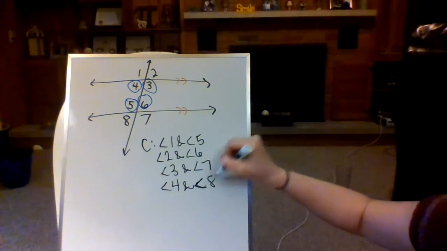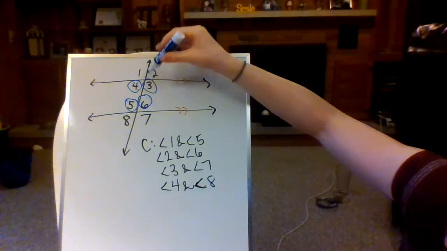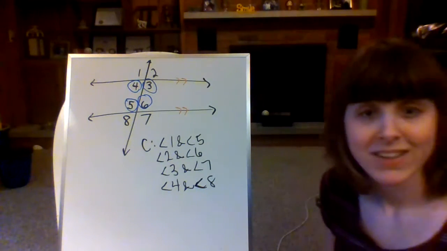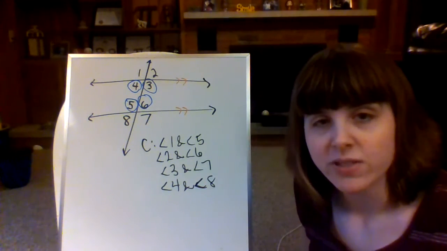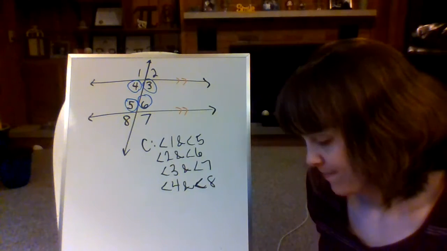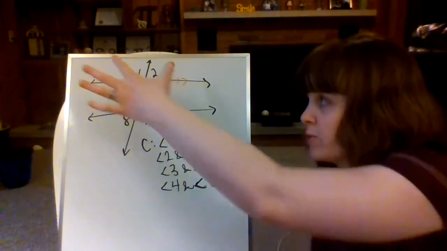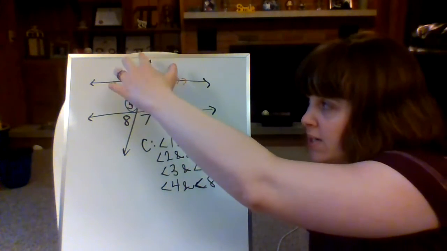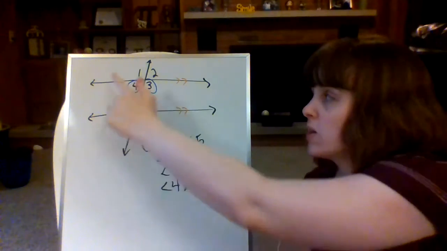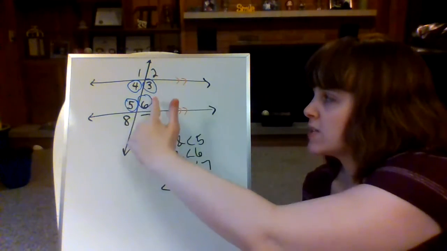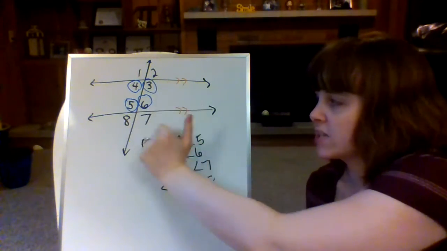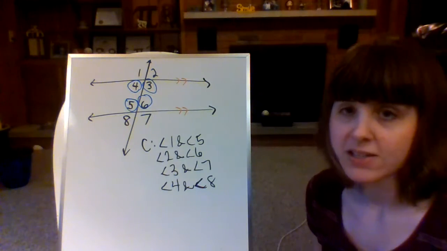So those are the corresponding angles. Like I said, if you were to cut out these top 4 and paste them on top of the bottom 4, 1 and 5, 2 and 6, 4 and 8, 3 and 7. So that's corresponding.